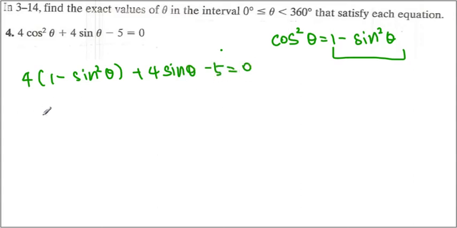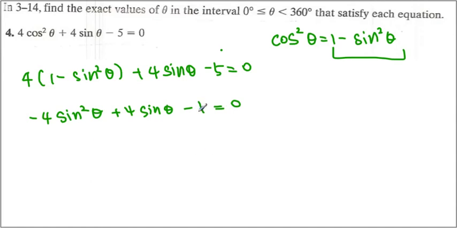Now in this case, what we end up getting is negative 4 sine squared theta, as 4 being distributed here, and plus 4 sine theta, and we have plus 4 and minus 5 becomes minus 1 equal to 0.